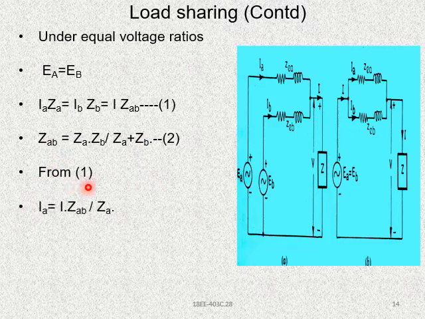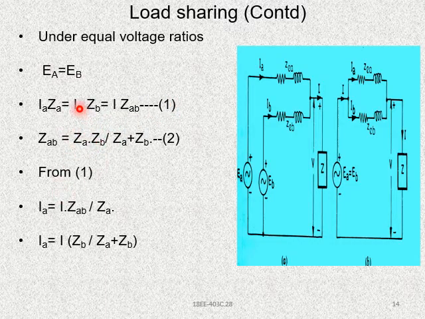From equation 1, we know that IA is equal to I into ZAB by ZA. Similarly, IB is equal to I into ZAB by ZB. That's the same for both.